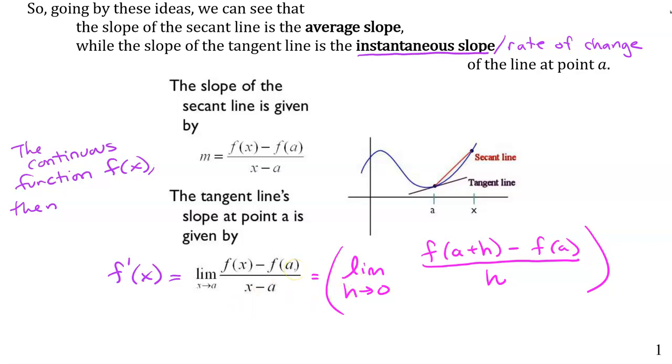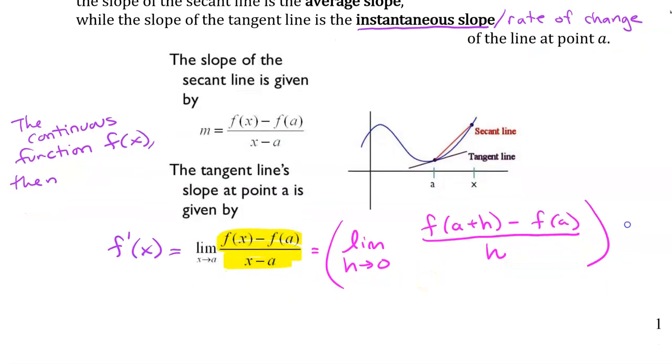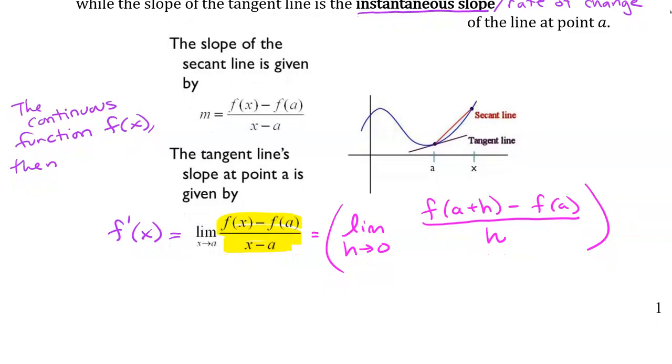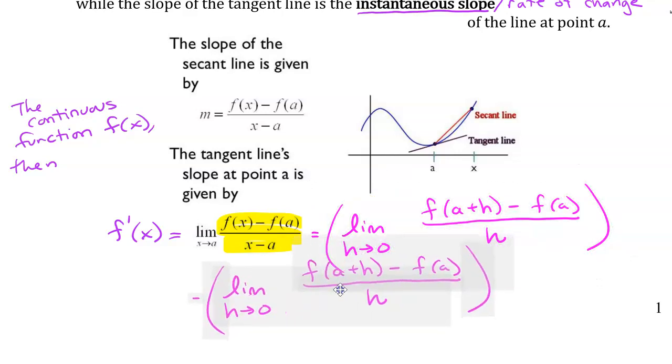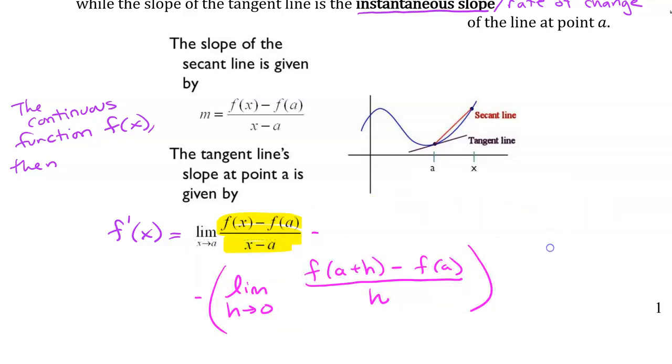So this whole thing is a different way of writing that. They're the same thing. So you actually have 2 different limits going on here. We could write this as the limit as x approaches a of the limit as h approaches 0 of this expression, and this is a derivative.